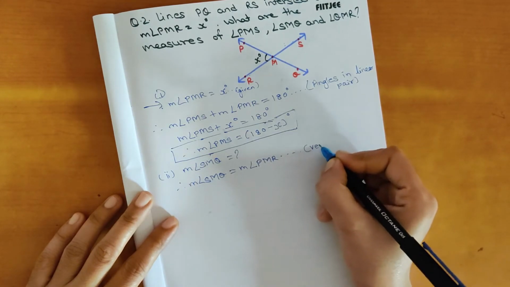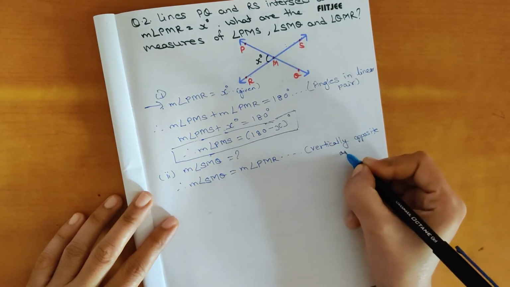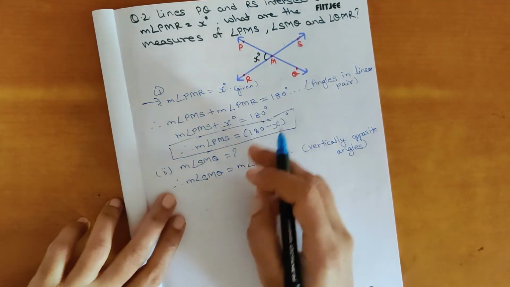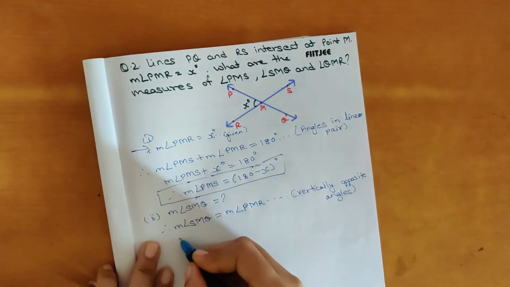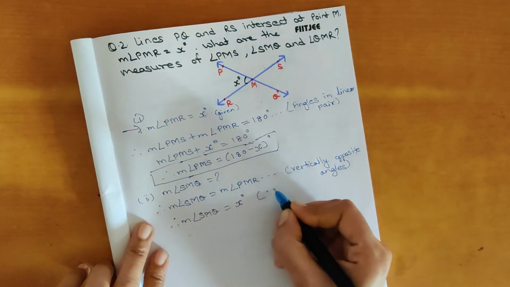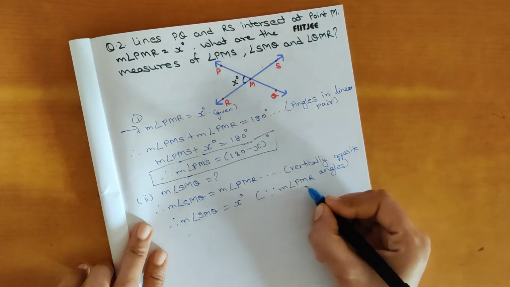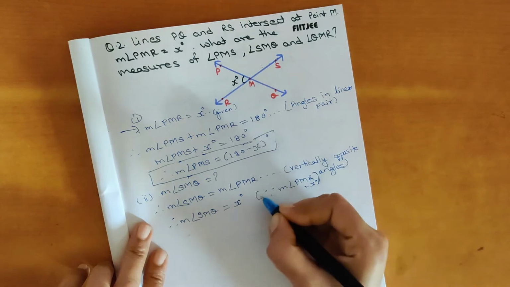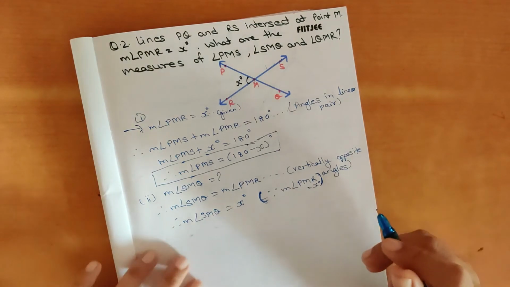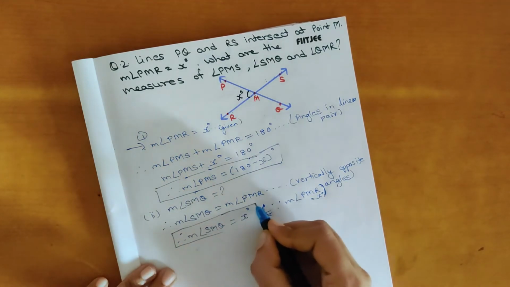Why? Vertically opposite angles. PMR is how much? X degrees. Therefore measure of angle SMQ is equal to x degrees, because measure of angle PMR is equal to x degrees. So we found SMQ, the value of the second one.